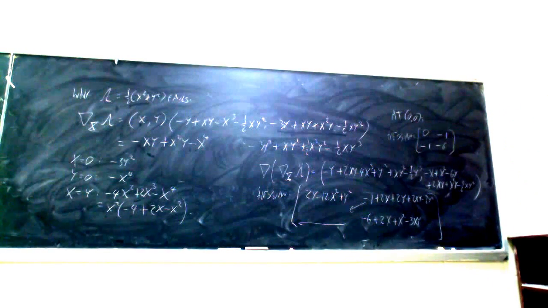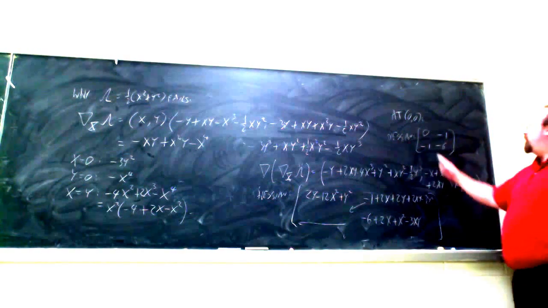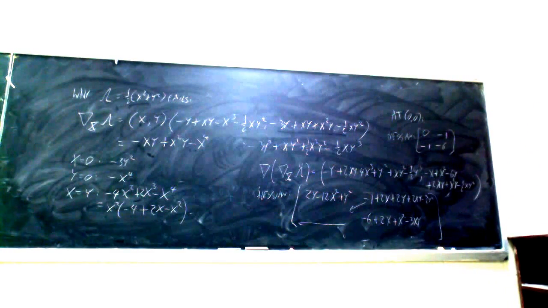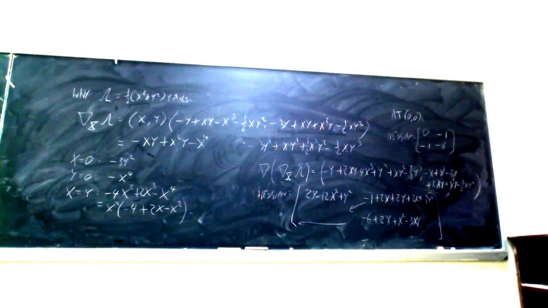And to see how that behaves, is it a local max? Is it a local min? Is it a saddle point? You go ahead and compute the eigenvalues of this. But the trace is minus 6, and the determinant is minus 1. So that means the eigenvalues are opposite sign, except they're actually going to be complex.